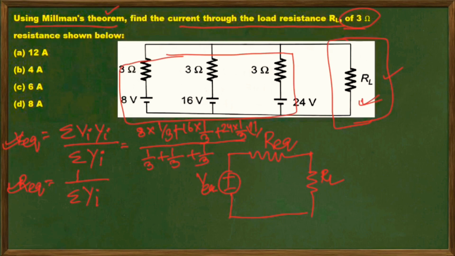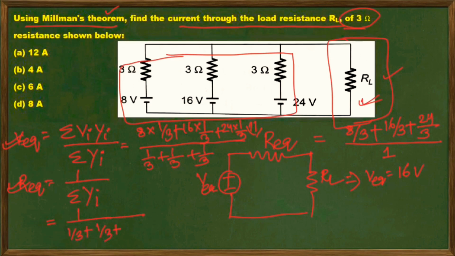By solving this we get 8 by 3 plus 16 by 3 plus 24 by 3, and in the denominator we get 1. This implies V equivalent equals 16 volt. And here R equivalent equals 1 by summation of Yi: for the first branch Y1 is 1 by 3, for the second branch it is also 1 by 3, and for the third branch it is 1 by 3. So this is 1 ohm.